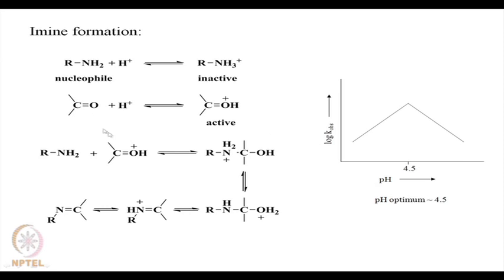What happens is that in the presence of an acid, that is in the presence of H+, RNH2 forms RNH3+. So it is inactive; although it is a nucleophile, it is inactive. But in the presence of H+, the carbonyl gets protonated and is further activated, and then RNH2 attacks it to produce this intermediate.